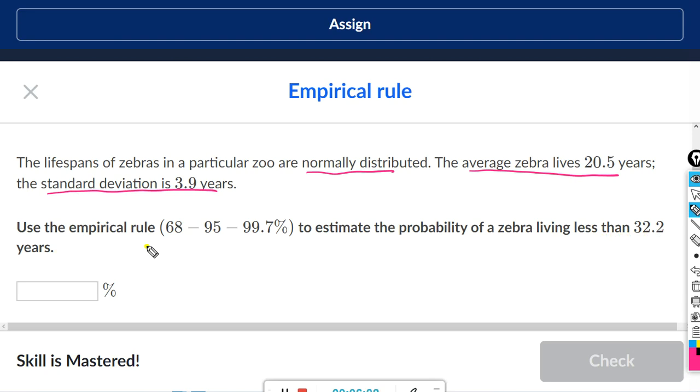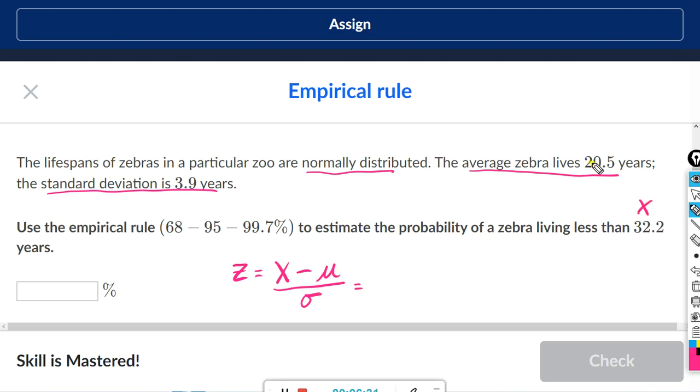The easiest way to do this, in my opinion, is to get a z-score first. If you recall the formula for the z-score, z equals x minus mu, divided by sigma. x is the actual value, the data point that you're given.